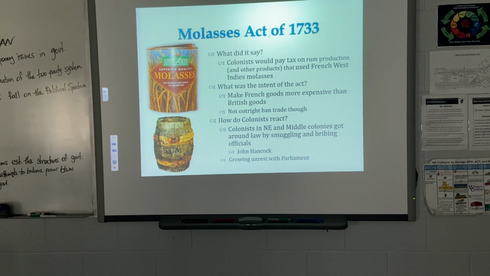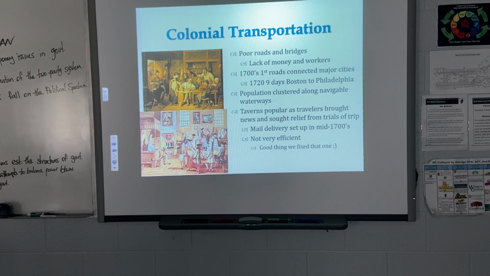So this is your beginning moment of growing unrest when it comes to the ideas of taxes. Very important that you understand the Molasses Act of 1733. It lays that foundation and establishes this element of resentment.